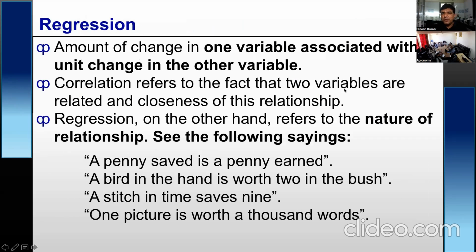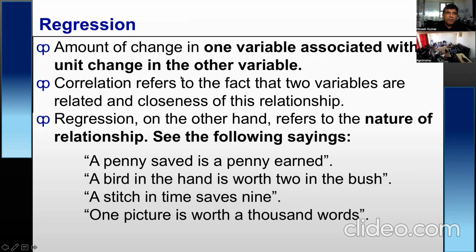Now, as I told you, there is a difference between correlation and regression. Correlation is qualitative, but regression is quantitative; numerals are used here. So you can remember the definition of regression. This is a very small definition: the amount of change in one variable associated with a unit change in the other variable.